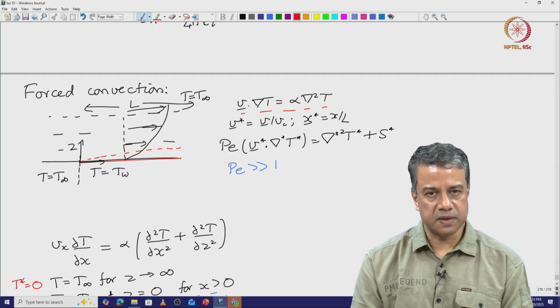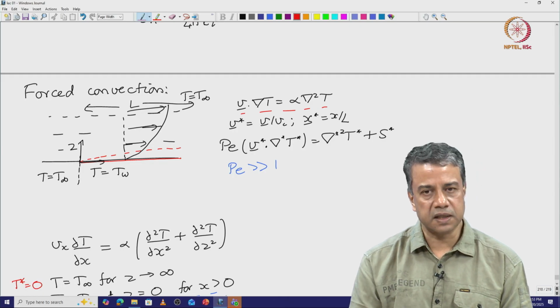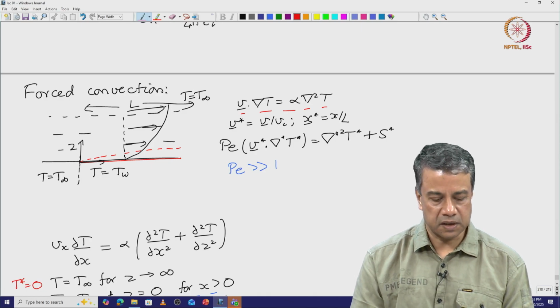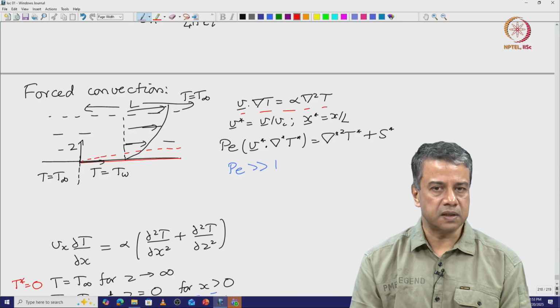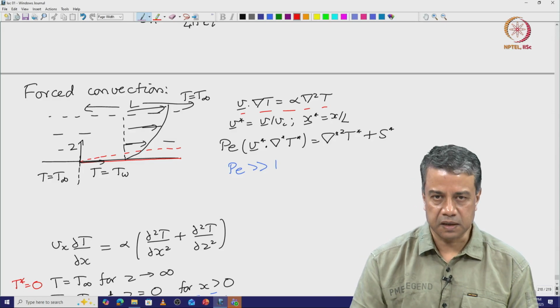The heat flux from the surface is coming out perpendicular to the surface, and it is getting carried downstream by convection. Convection is strong, and therefore, this region where the temperature is disturbed due to the heat flux will become thin. However, it will not be 0, in general.